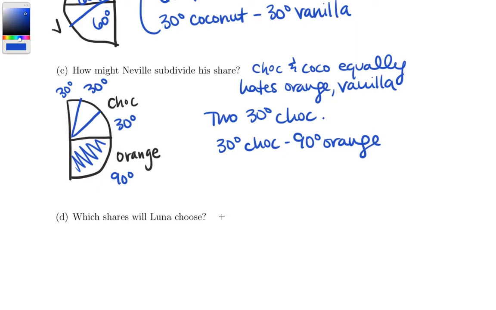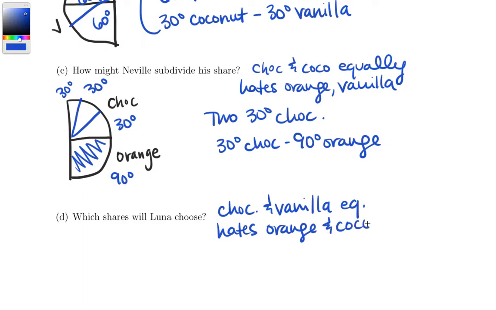Okay, and now we want to know which shares should Luna choose. And let's remind ourselves about Luna's preferences. She likes chocolate and vanilla equally, but she hates the other two, orange and coconut.